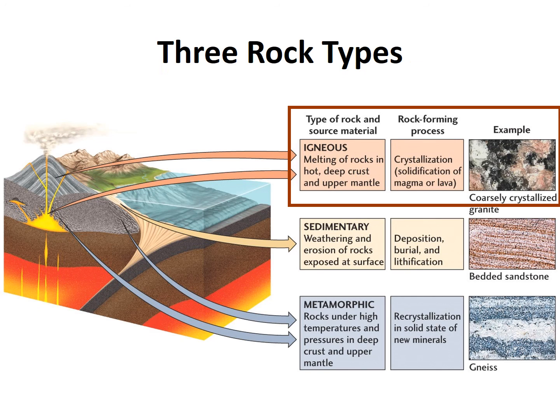Let's look at igneous rocks. Crystallization of melted rocks forms igneous rocks. Based on cooling environment, some igneous rocks have fine grains and some are coarse grained.